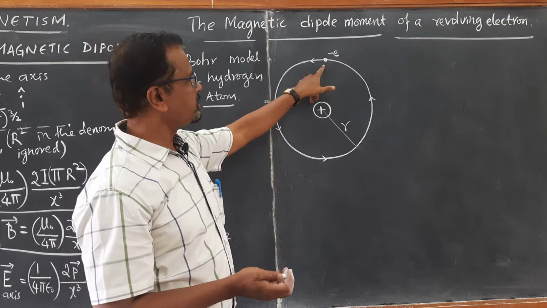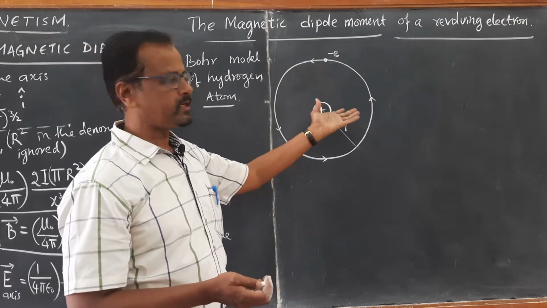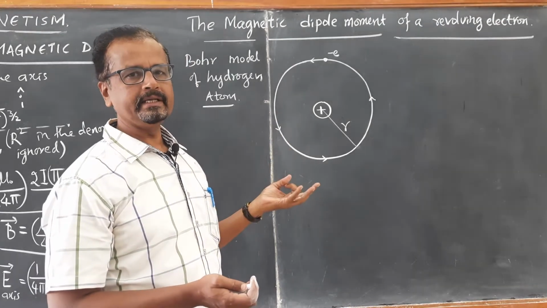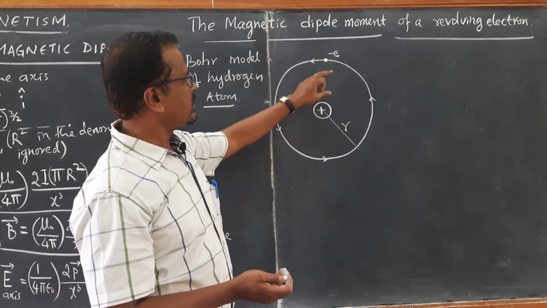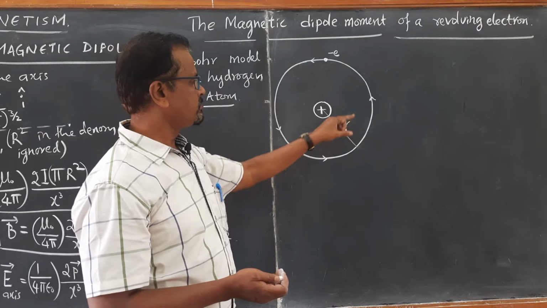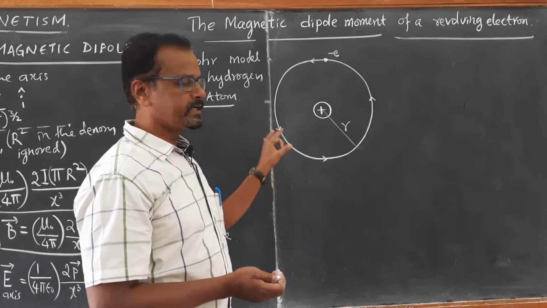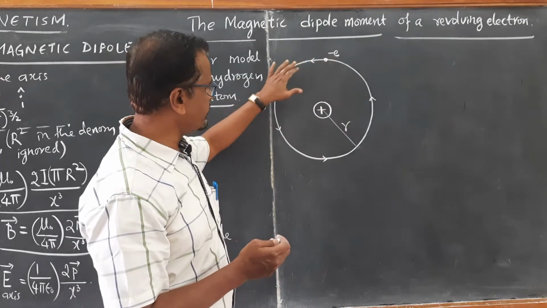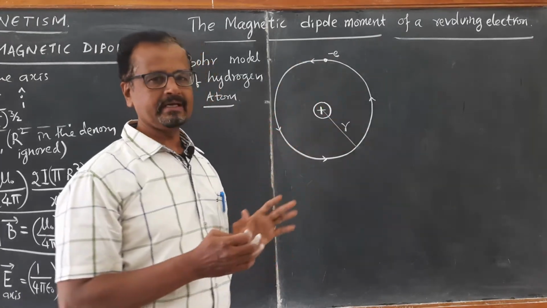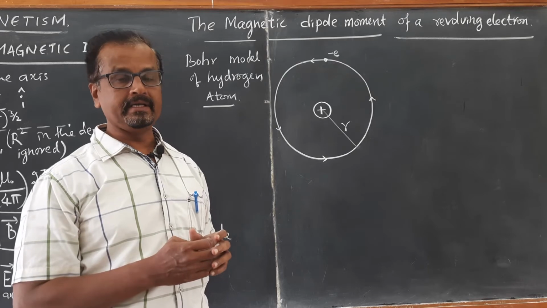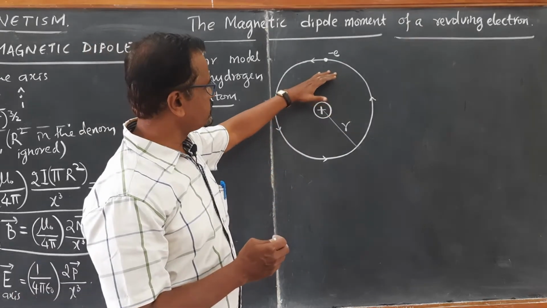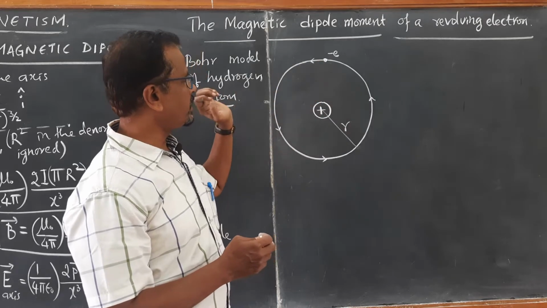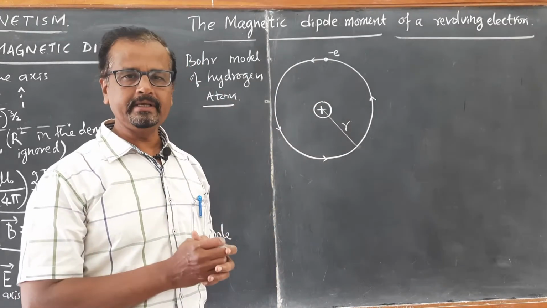Now, when an electron is revolving, it is a negatively charged particle, so it leads to current. The current is calculated as the amount of charge for one complete revolution divided by the time taken. The time taken for one complete revolution we call the time period T. With the charge that is moving and the time taken, we can calculate the current.